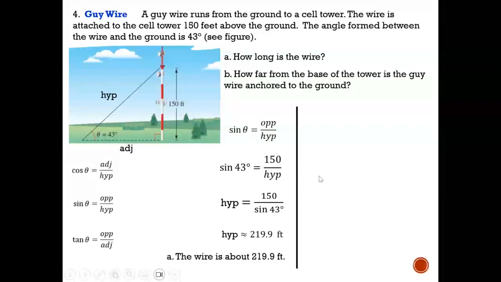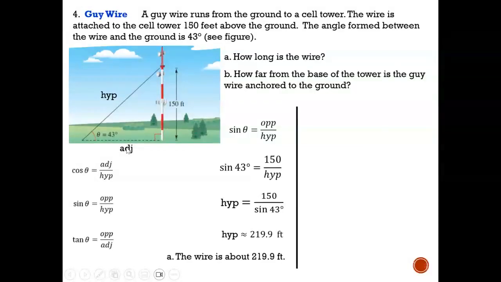Now, for part B, we're looking for the adjacent. But now that we have also the hypotenuse, we can use anything. But let's keep it with the original. We can use the adjacent over hypotenuse, which will be the cosine, but let's stick with what was given.